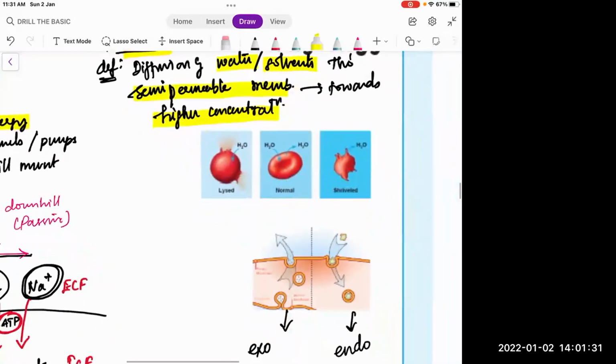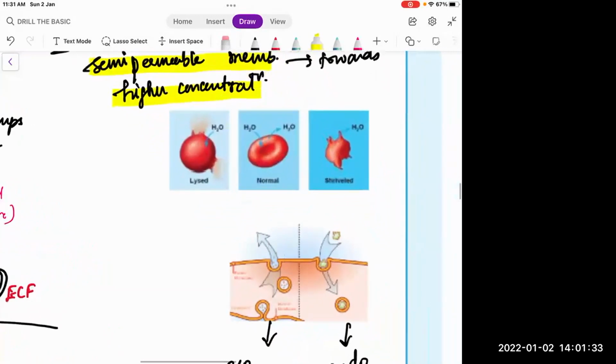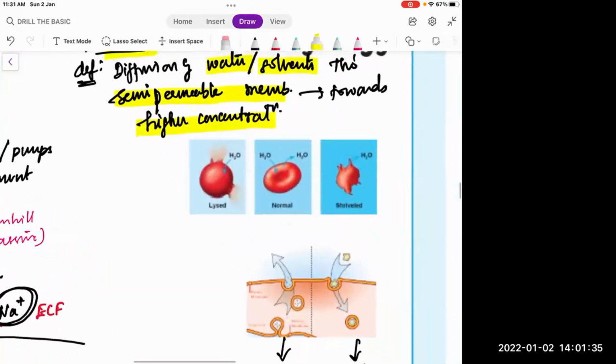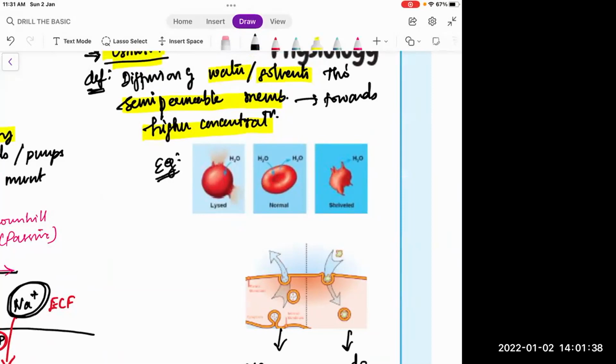And see over here, when you put a cell inside a fluid, this is the example of osmosis. The solution may be hypertonic, isotonic or hypotonic. What is meant by tonicity is that when the concentration of the solution is equal to that of plasma, that is isotonic.